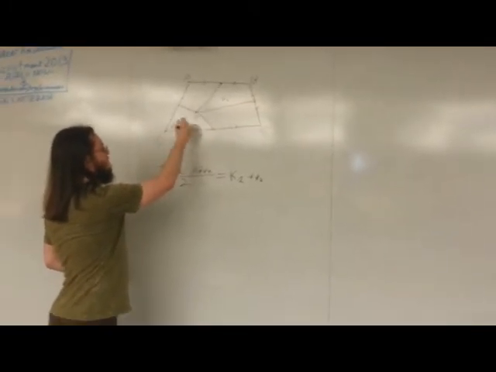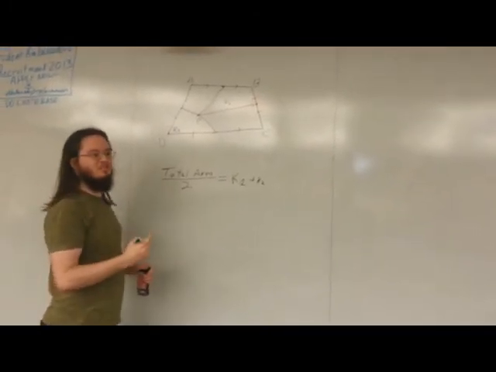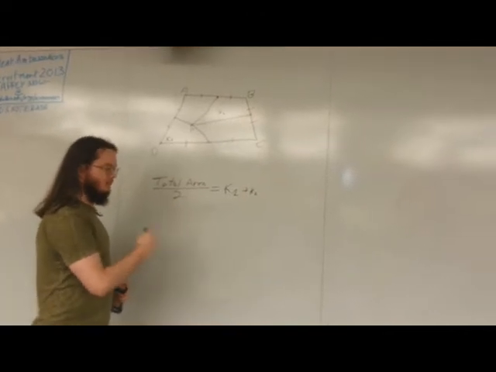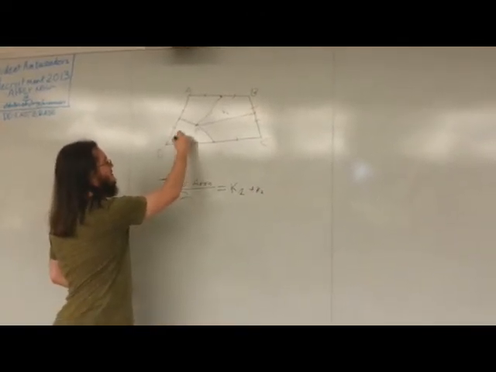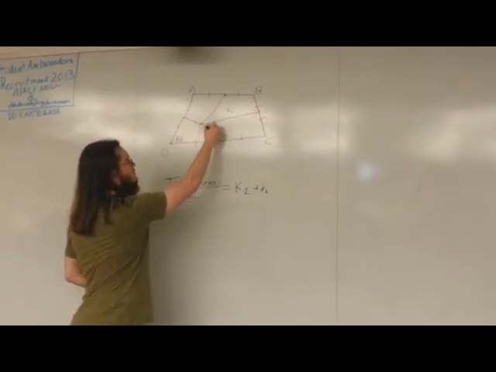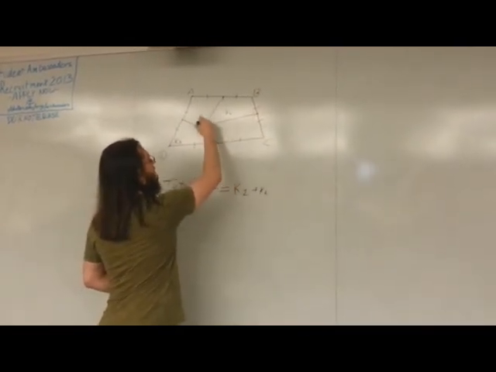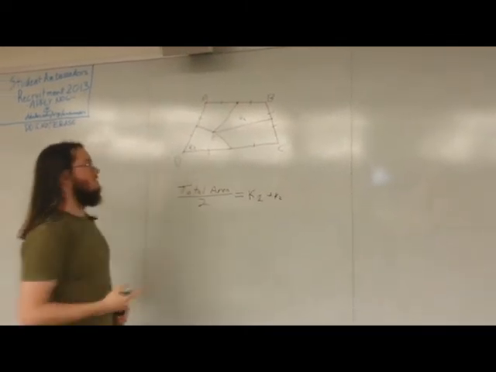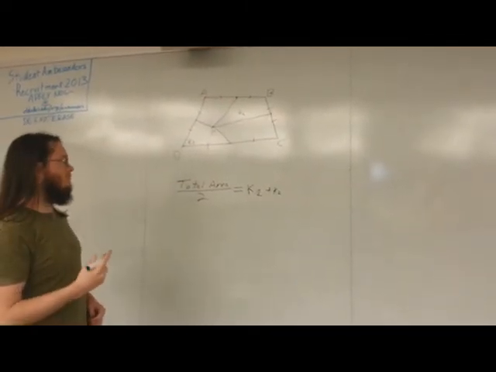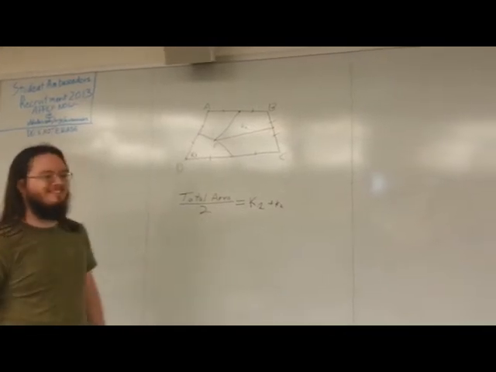So basically, based on what was just covered with halving, if you draw a line from each vertex to the midpoint, it results in each of these triangles.